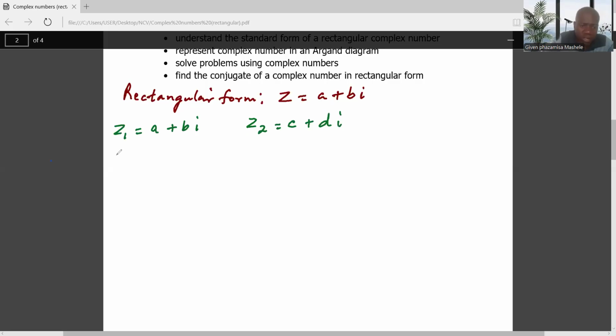If we want to deal with addition, it means we take Z1 and add Z2.